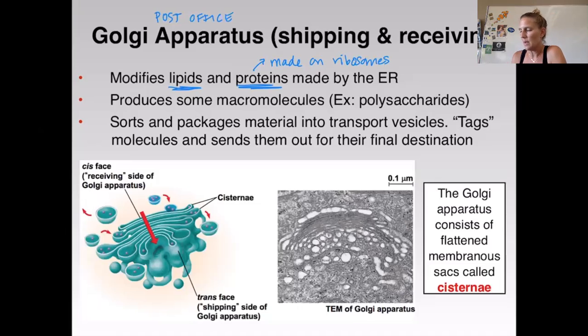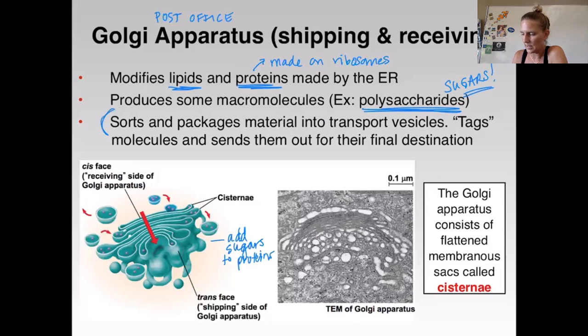And the Golgi makes some macromolecules, but in particular, sugars, right? So what the Golgi does is, just like you put a zip code on things, the Golgi is going to add sugars to proteins to tell them where to go in the cell.